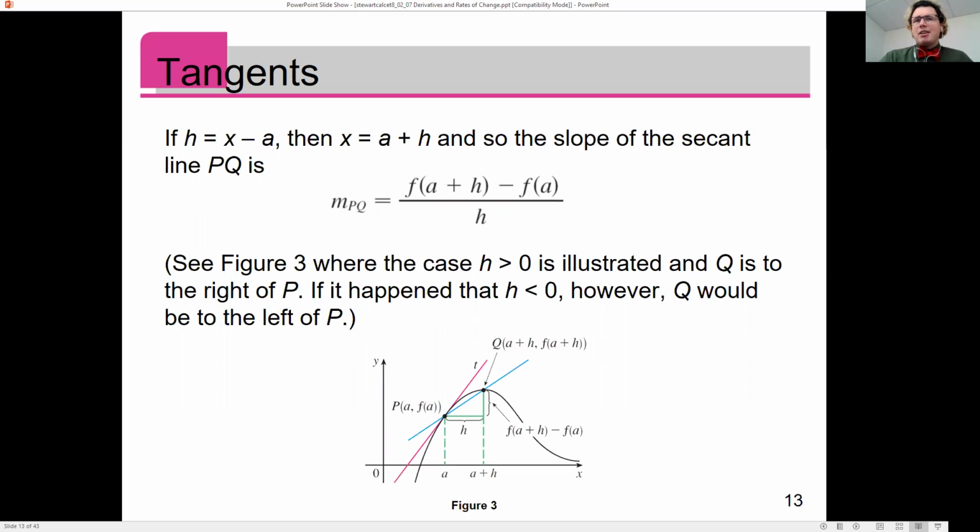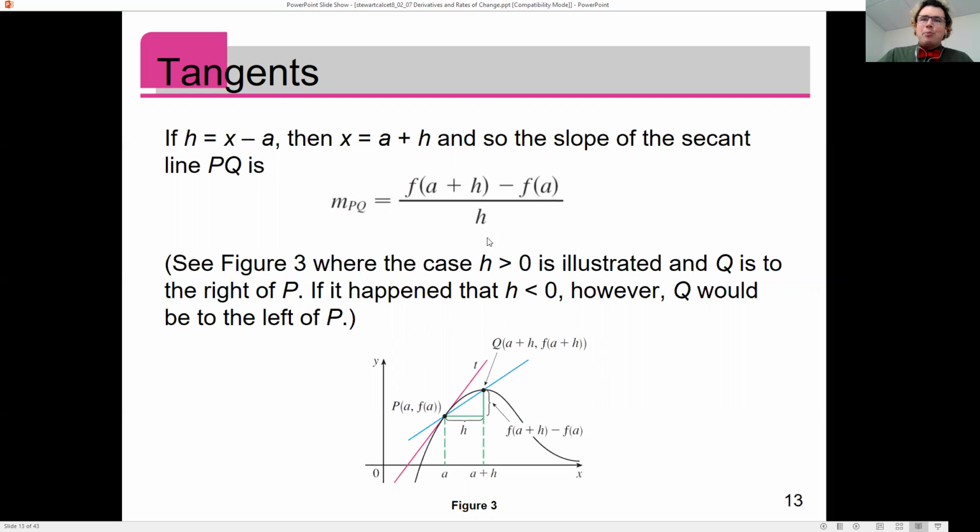So let's simplify the formula a little bit and introduce a variable h. The idea is that h is going to represent my change in the x coordinate.